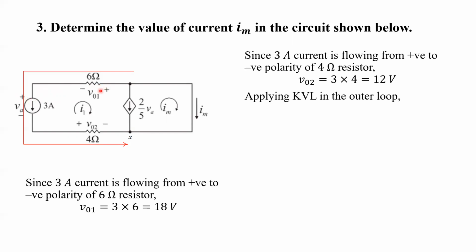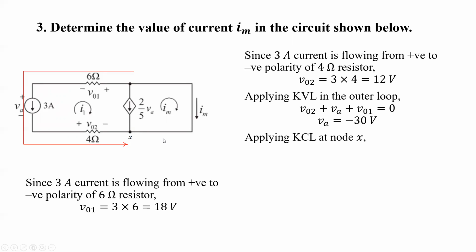While leaving this 6 ohm resistor, we'll see plus polarity, right? For each of these elements, we are seeing plus polarity while leaving, so all these voltages are added. VO2, VA, and VO1, all these add up to 0. Since we have already obtained VO1 and VO2, if we plug in these values, we get VA equals minus 30 volts.